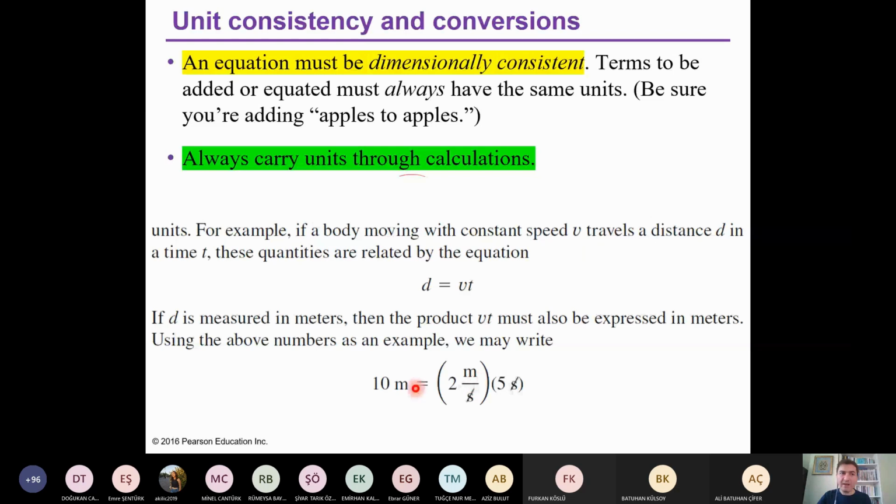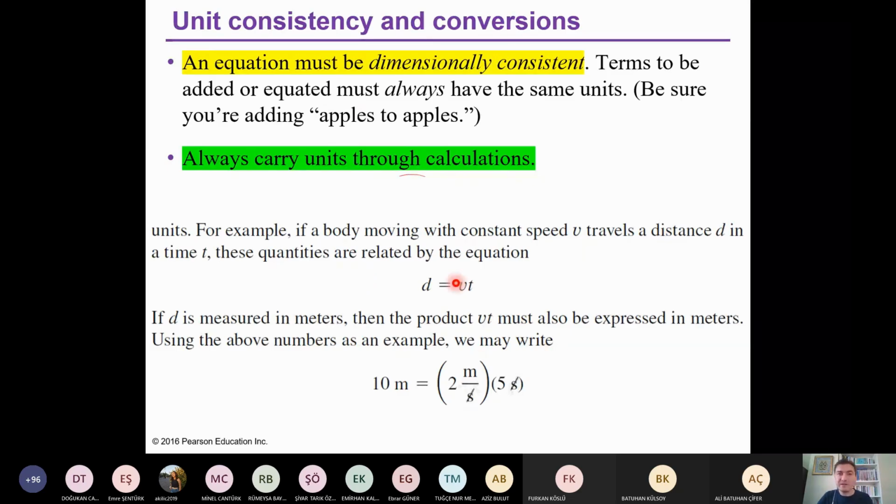An equation must be dimensionally consistent. Meter, meter. If you have second on the left side, you should have second on the right side. If you have joule on the left side, you should have joule on the right side. Okay, don't forget this. So if you use the units within your calculations, you will get much more correct results, okay?